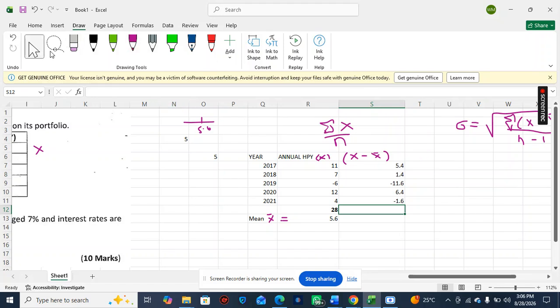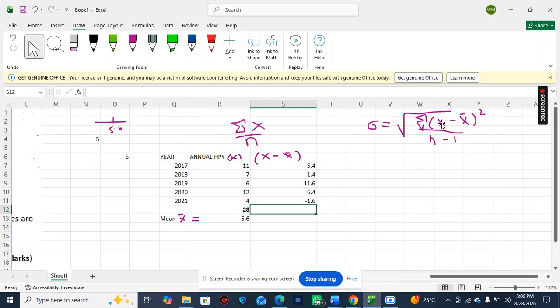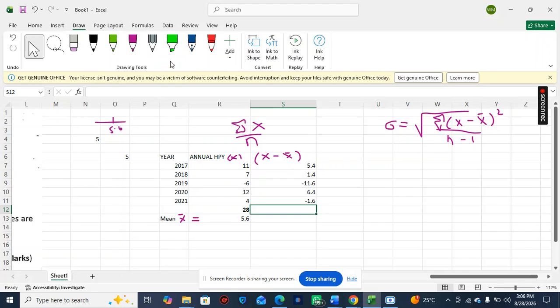So next you square the deviations now. This table is representing this formula. First we've done x minus x bar. Next, we are squaring this x minus x bar. These are our squared deviations.